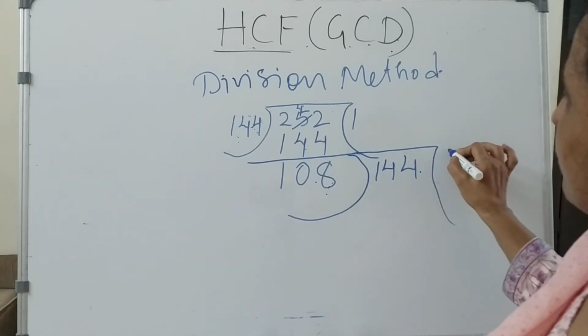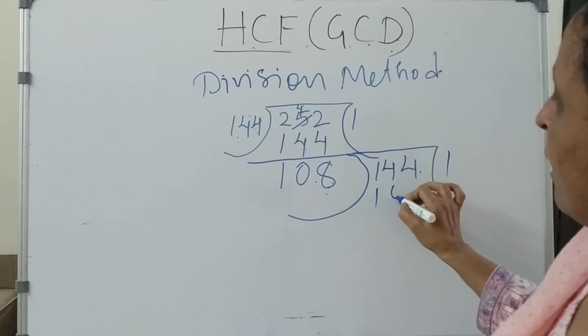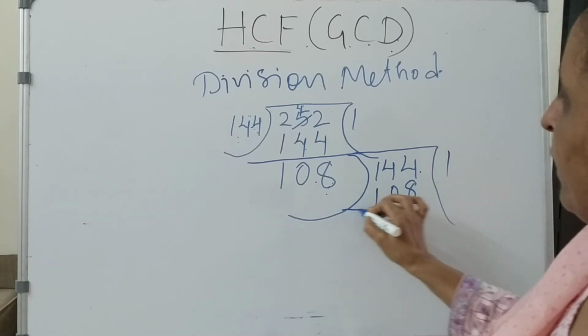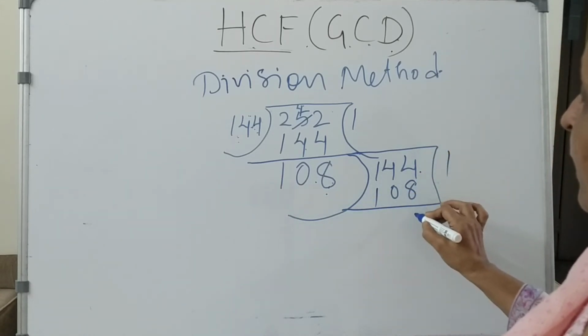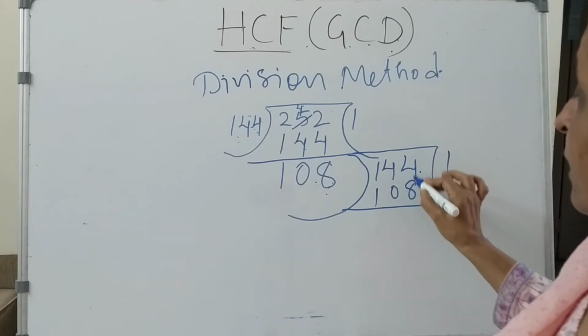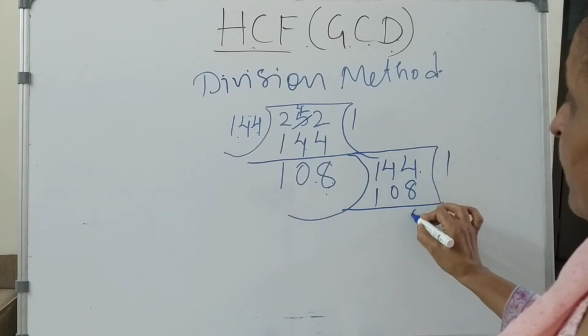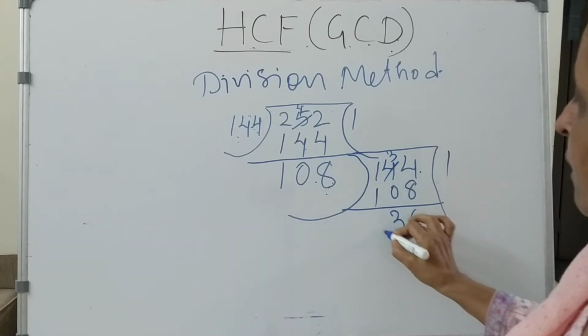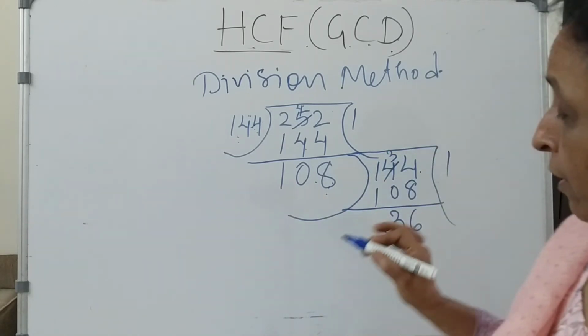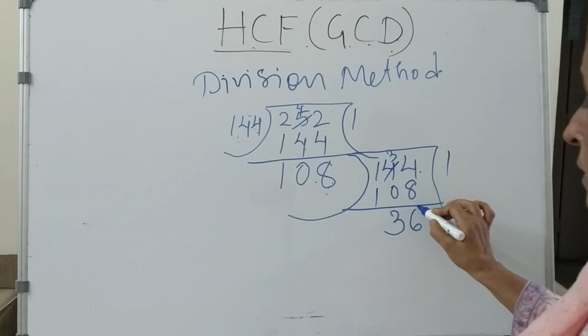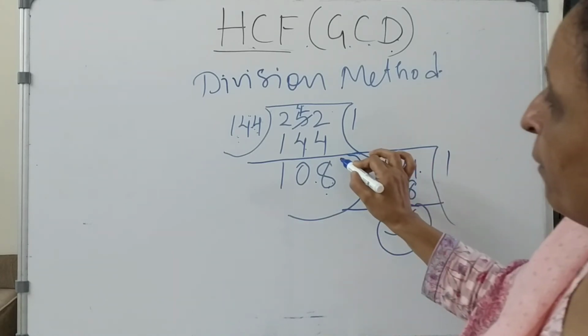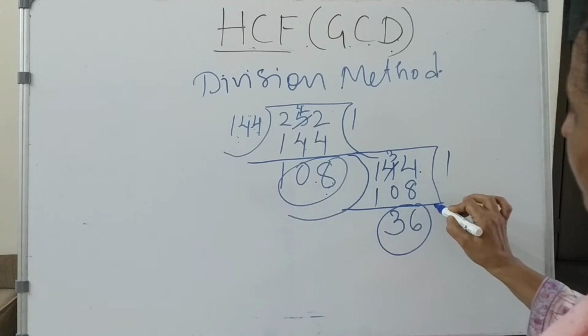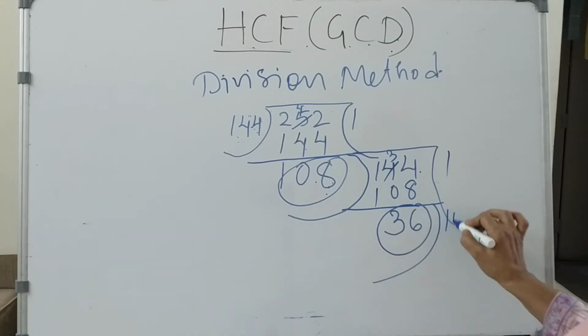Now again it is going to be by 108. You write here 14 minus 8 is 6. 6 here, 3, 36. Now you have got 36. This is the remainder. Now previous divisor you put here, 108.